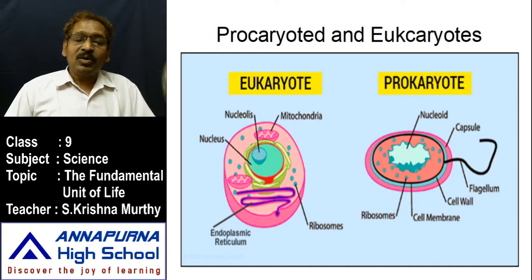Wherever the cell contains a prominent nucleus, they are called eukaryotes. Look at these diagrams. Here in the eukaryote, a prominent nucleus is there. Around that, the nuclear envelope is there. It is important to find out eukaryote or prokaryote, multicellular organism or unicellular organism.